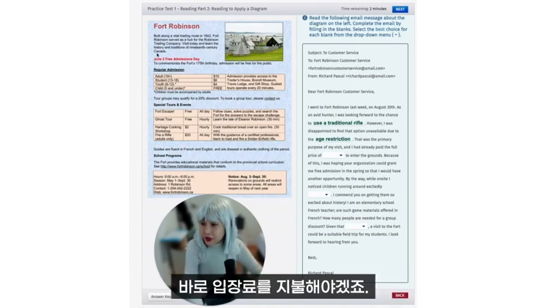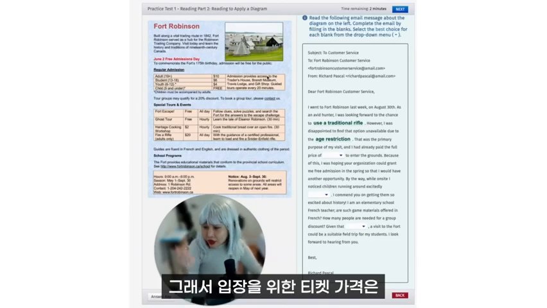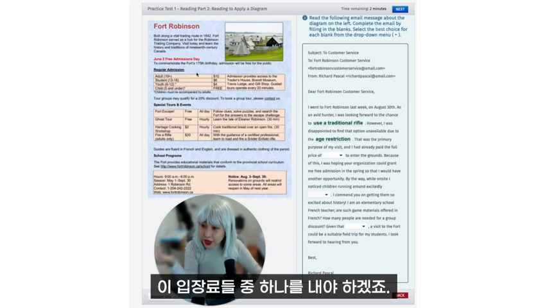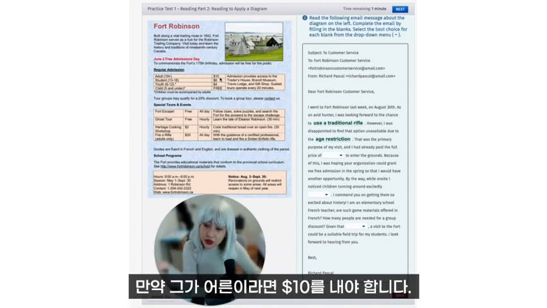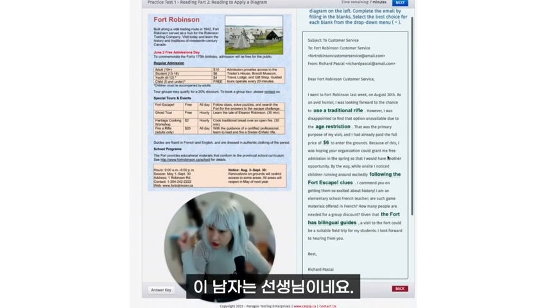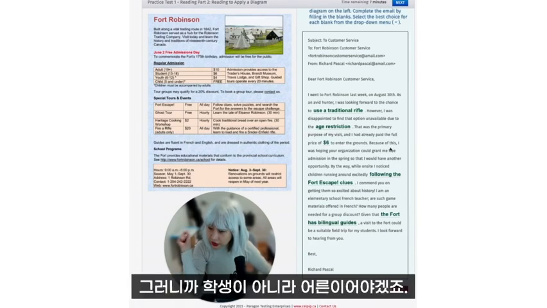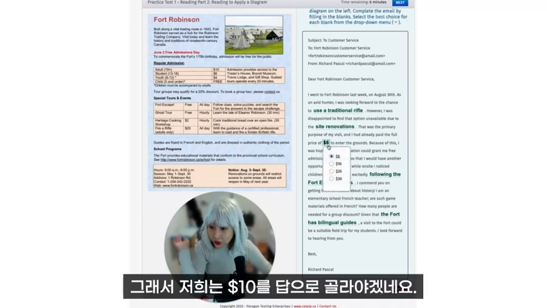You need to pay the admission fee. So the ticket price to get into the grounds, you have to pay one of these fees. But then you have to understand, was he an adult? If he was an adult, he would have paid $10. He is a teacher, so he can't be a student, so he has to be an adult. So we have to go with $10.